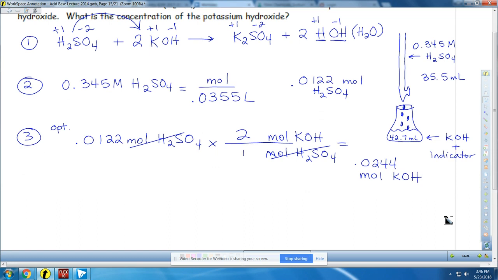I'm ready for step 4 then. The molarity of the unknown, in this case, base. Moles per liter, 0.0244 moles, divided by the volume in liters. So it took 42.7 milliliters.